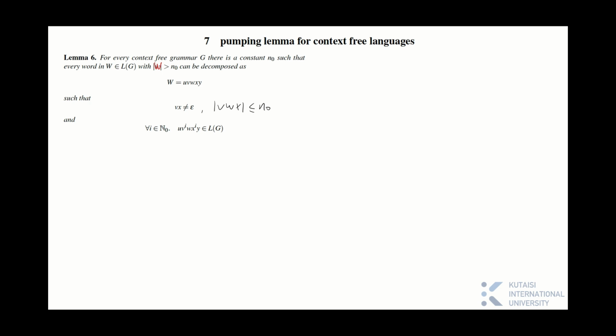Such that v and x are not epsilon, and the length of v, w, x is less than n0. These are just technical assumptions, technical things that you might find very useful when you want to prove something. Especially, well, this part is not really technical.